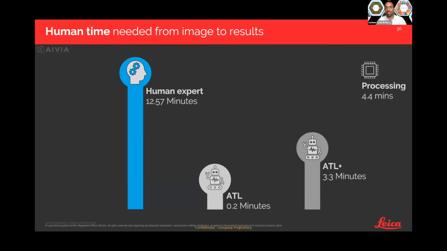So that's why it's a little bit longer. But still, it's a huge saving compared to the human starting with the raw image and iterating through the parameters on his own. So for now, what we've achieved is a saving of something like 70% of time.